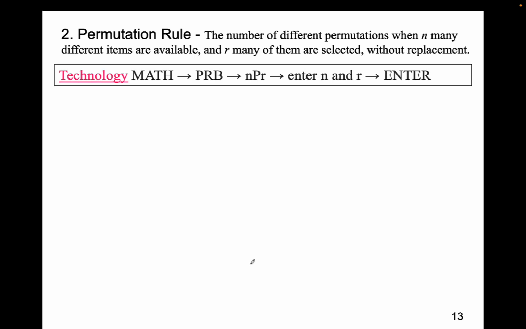The second counting rule we're going to talk about is the permutation rule. It's the number of different permutations when n many different items are available and r many of them are selected without replacement. For this particular type of question, we're going to have to use technology, and unfortunately, StatCrunch does not have this program.